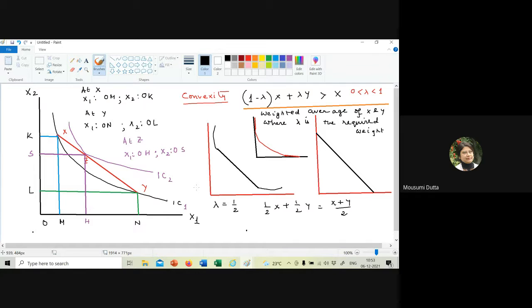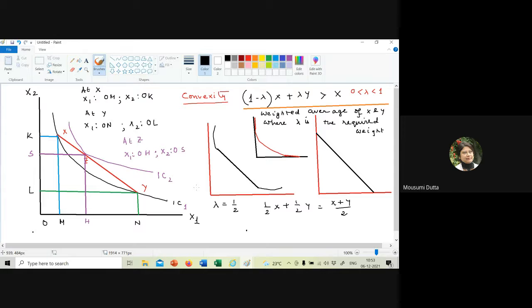I'm moving towards strict convexity of the indifference curve. First I started with MRS, then diminishing MRS, then convexity. Now I am talking about strict convexity.